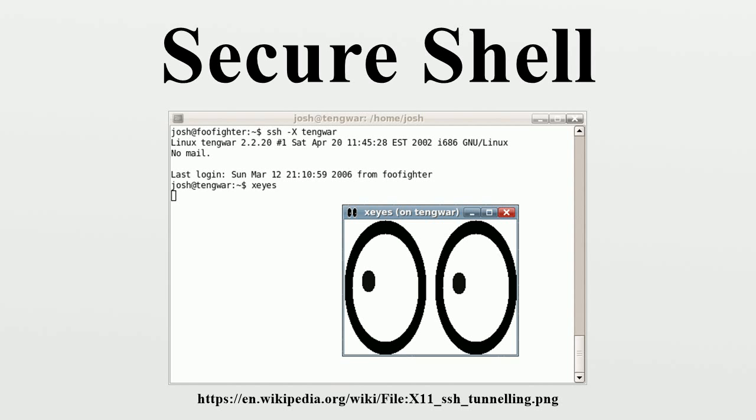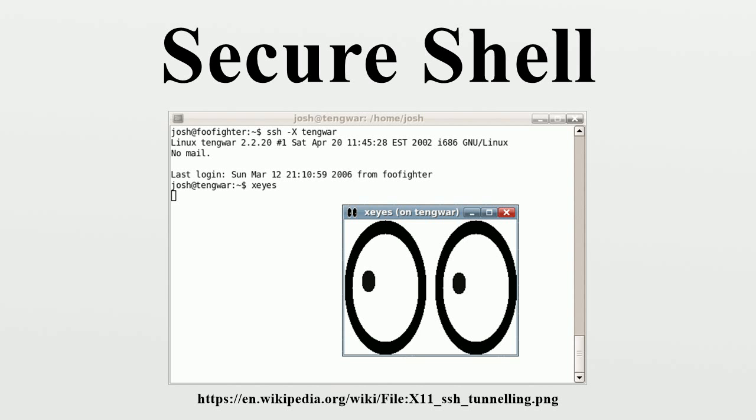Standards documentation. The following RFC publications by the IETF SECSH Working Group document SSH2 as a proposed Internet standard. RFC 4250, the Secure Shell Protocol Assigned Numbers. RFC 4251, the Secure Shell Protocol Architecture.